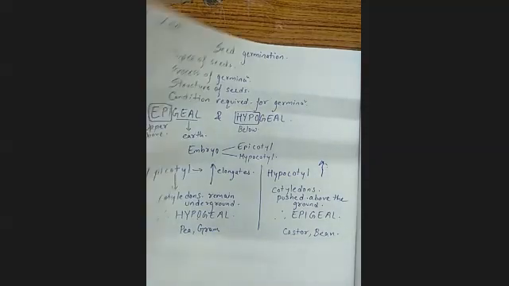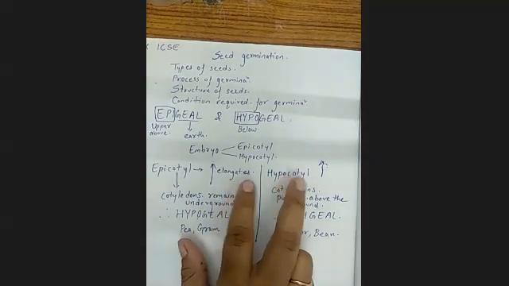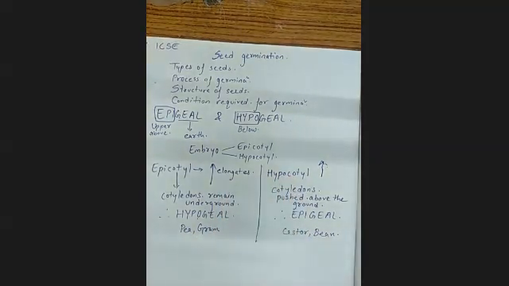All these examples you can also consider if you have to write the differences between epigeal germination and hypogeal germination. The first difference you will obtain from here only: the part which is elongating. The second difference you can write about the cotyledons, and the third difference you can write about the examples.